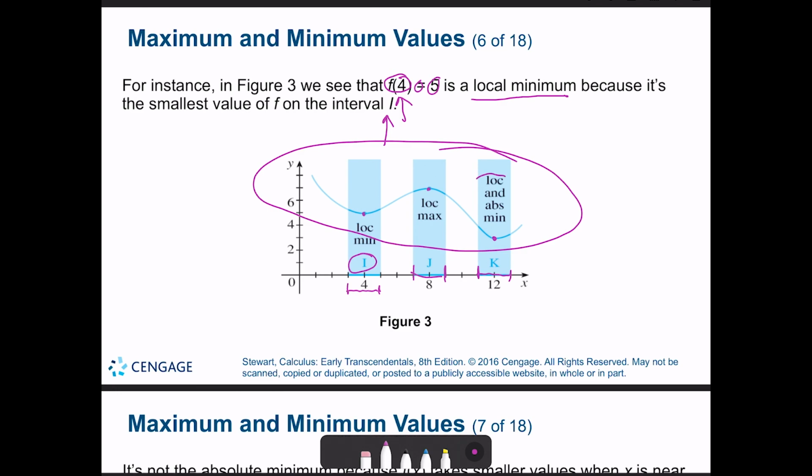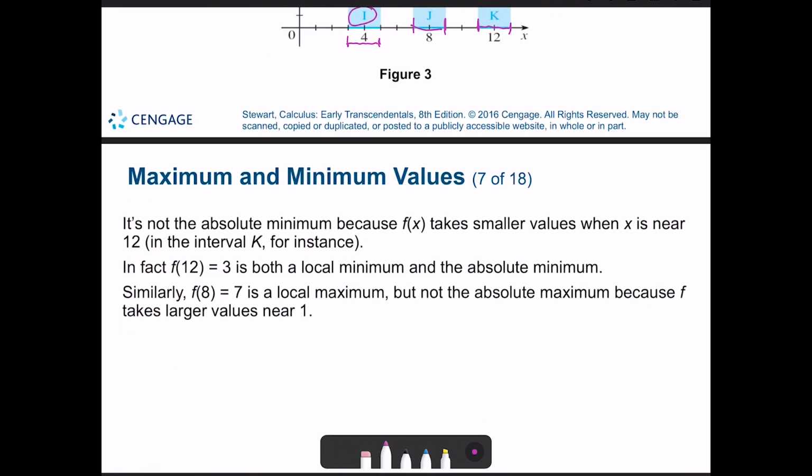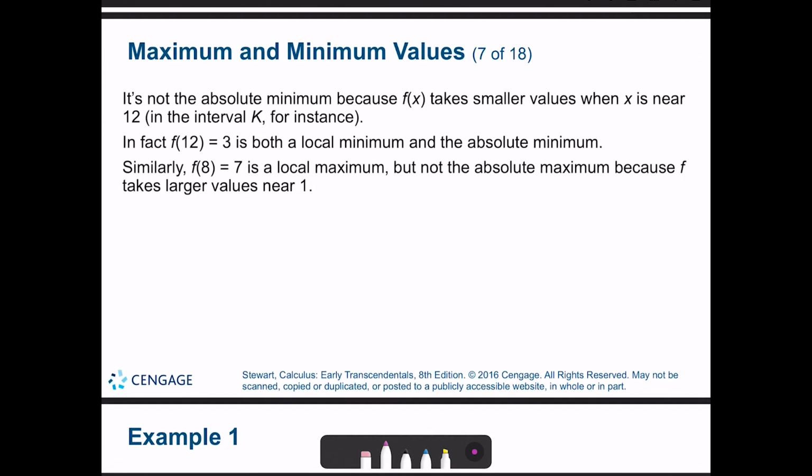So it's a local and an absolute minimum. Maximums and minimums. Who thought that there would be so much to say about maximums and minimums? It's not the absolute minimum because f of x takes smaller values when x is near 12 in the interval K, for instance.